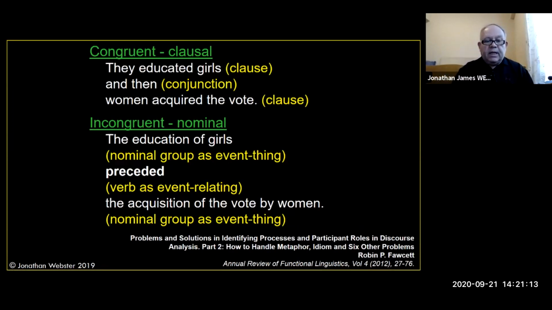And what we see then is you have these two nominal groups representing two events. Now, how are they related? Not by a conjunction, because they're nouns. They're related by a verb, and that verb indicates how these two events are related. We've gone from the congruent to the incongruent, from the clausal to the nominal.